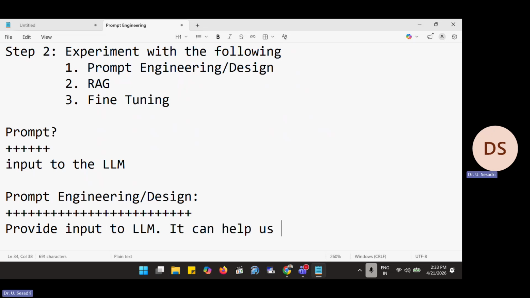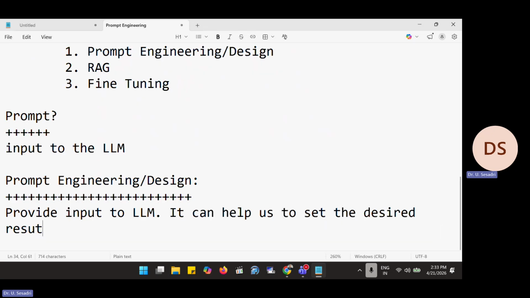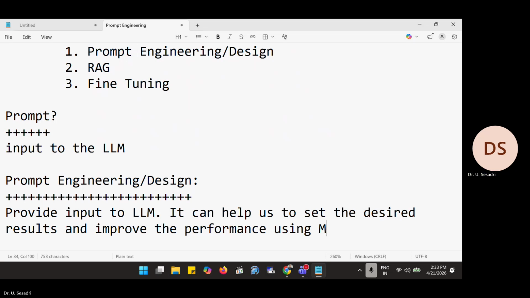It can help us to set the desired or required result and improve the performance of the model. Here, we may use the LLM model.